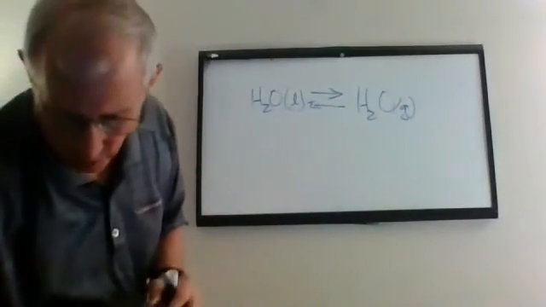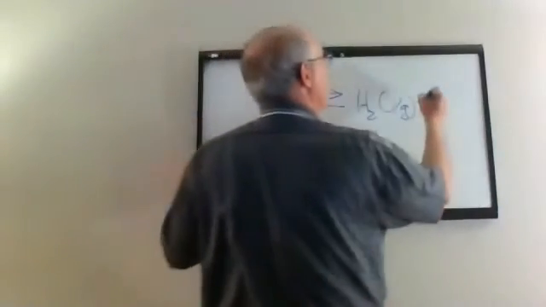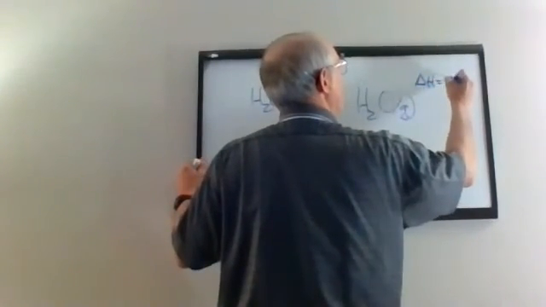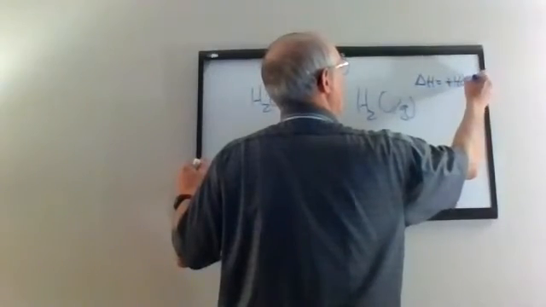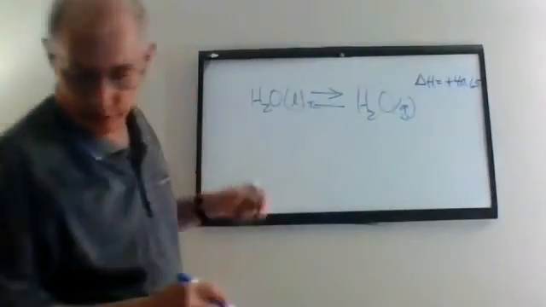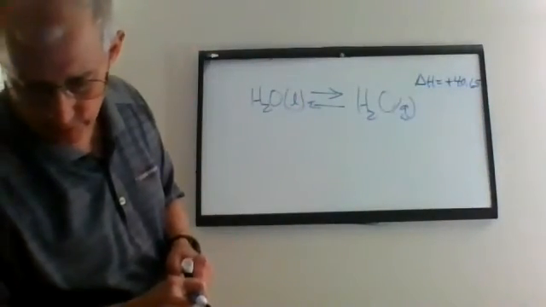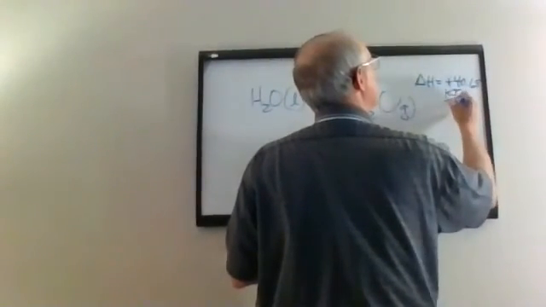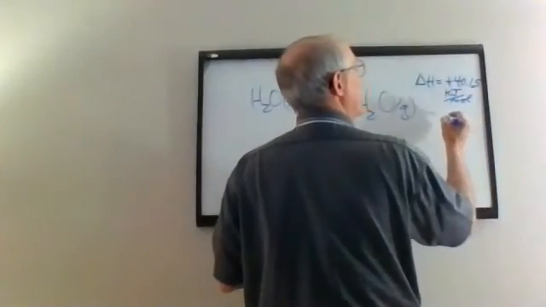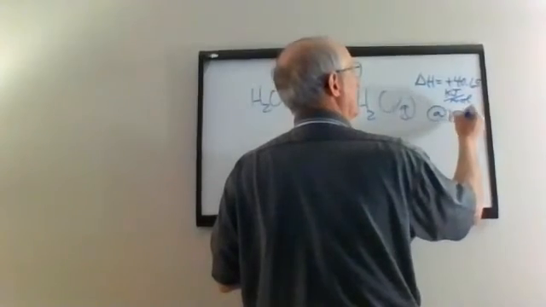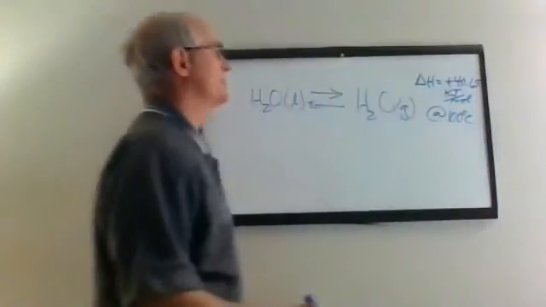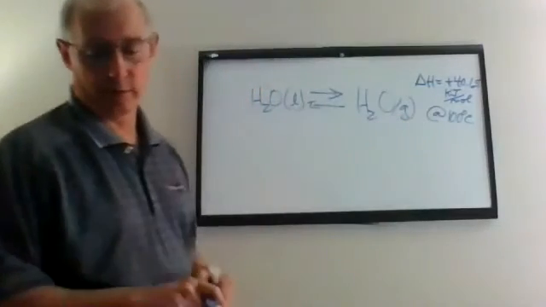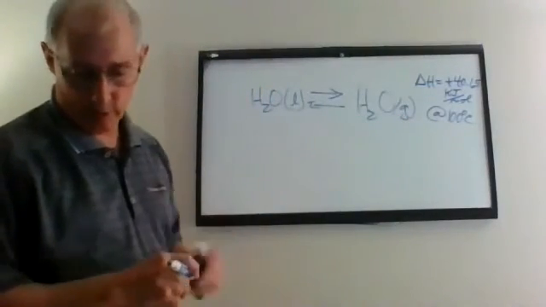Delta H is positive 40.65 kilojoules per mole. This is at a high temperature, at 100 degrees Celsius. You got to get that liquid up to boiling point before it's going to turn into a vapor, the vapor of water.